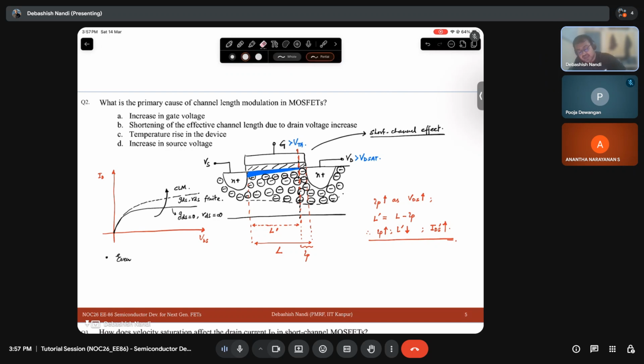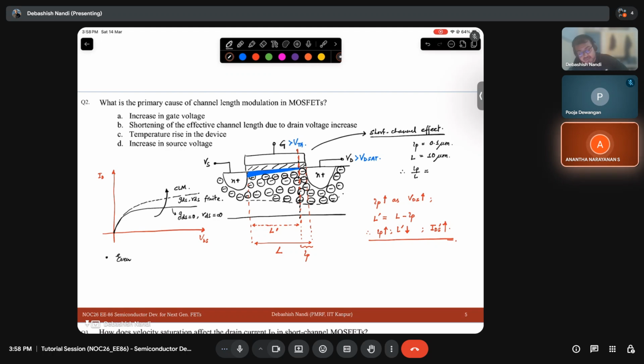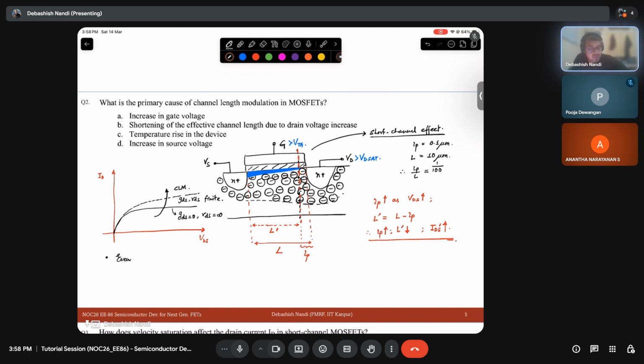Now let's say LP is 0.1 micrometer, and your L is 10 micrometer. So what is the ratio of LP and L? It will be 1 over 100, less than 1.